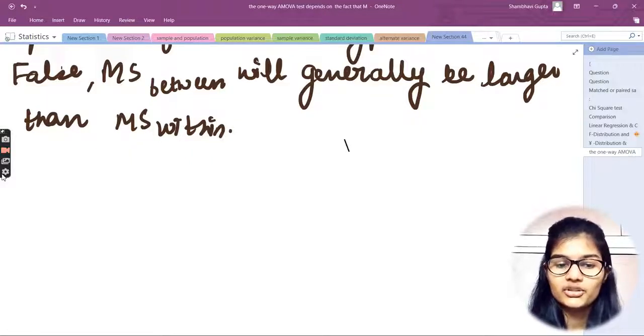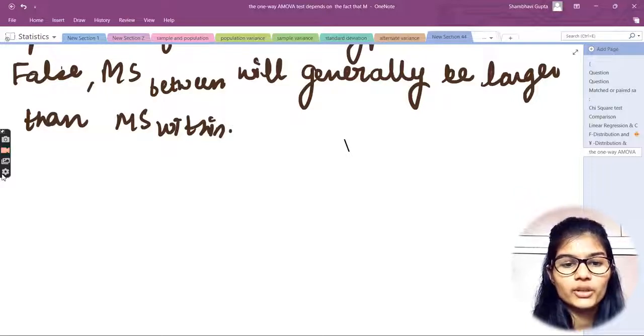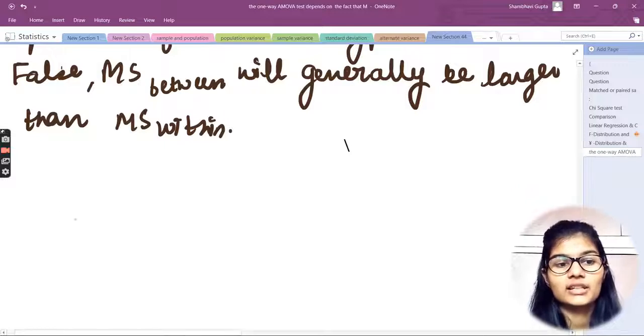Right, and the F ratio could be written out in one more way when all the groups have the same sample size.